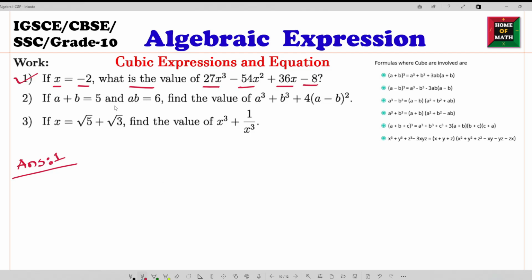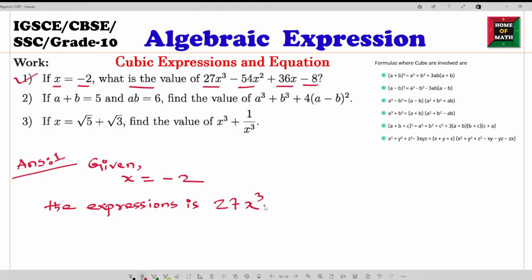Look, given x equals -2, the expression is 27x cube minus 54x square plus 36x minus 8.